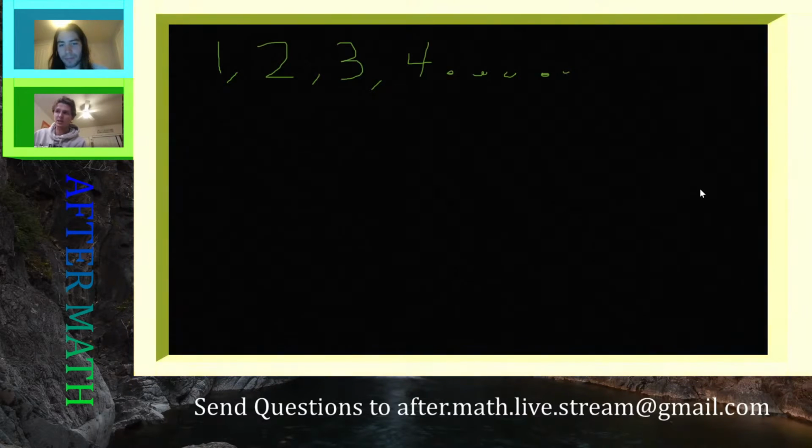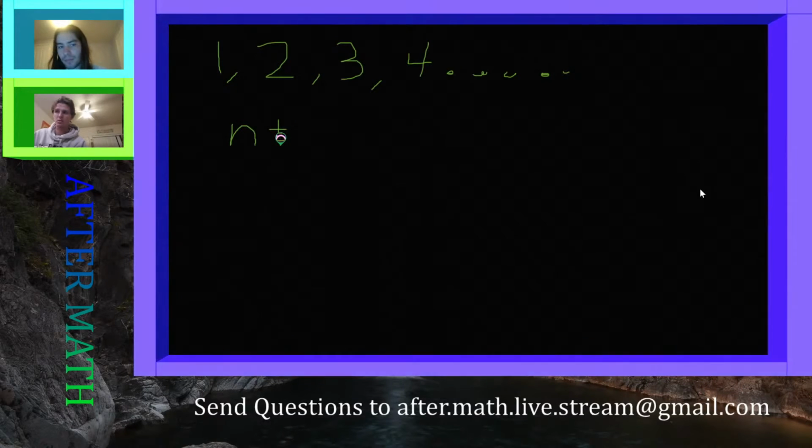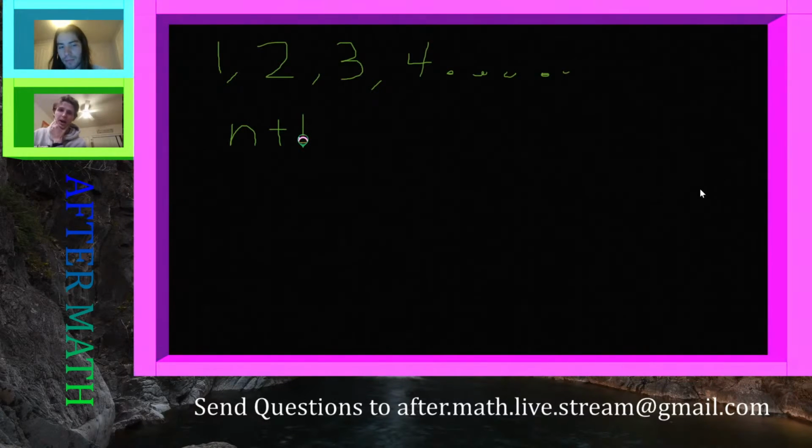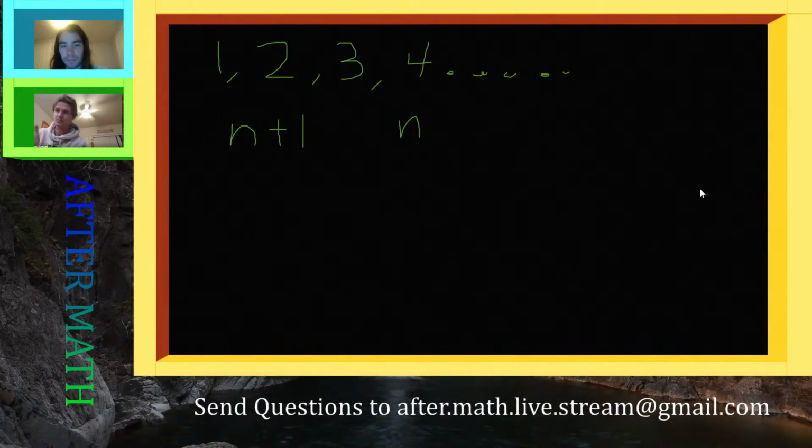We can represent this as n plus 1, where n is just any natural number. It could be 2, 3, 5,000, a million, a billion, any number, right?